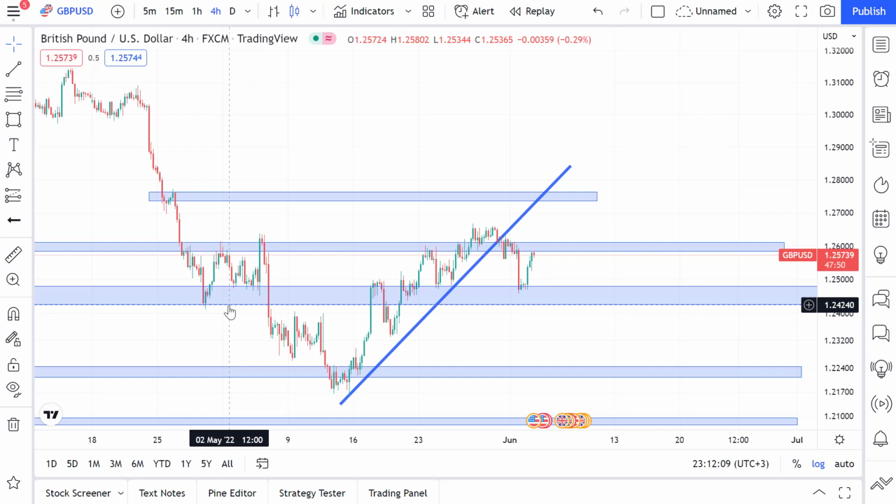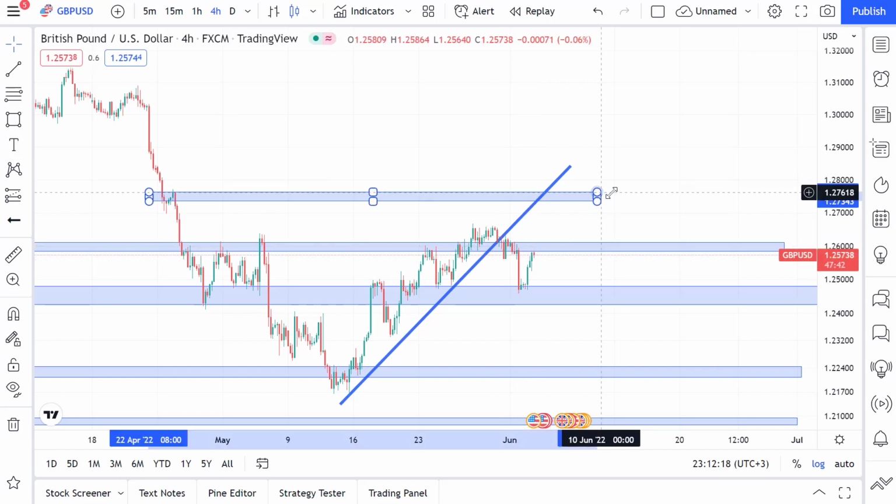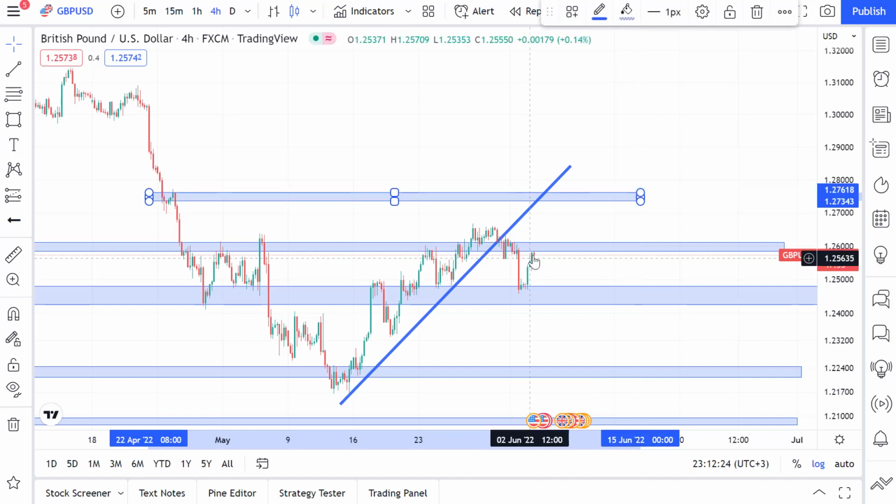Yes, now you can see the lines that we had a breakout, and it will be, I guess, something like a pullback. And the next target of British pound, if it wants to be bullish, it could be this zone, and we will have a downtrend again.